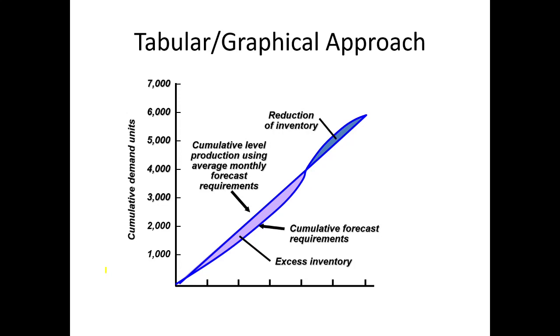Now, the idea of the tabular graphical approach is represented by using either a table or a graph. As you can see here, if you have a graphical representation of the cumulative demand in terms of the number of aggregate units, and you draw this cumulative demand, this curve represents the cumulative demand for the aggregate units.